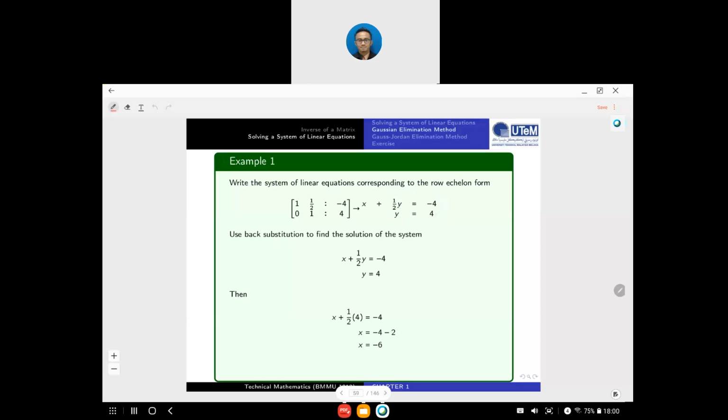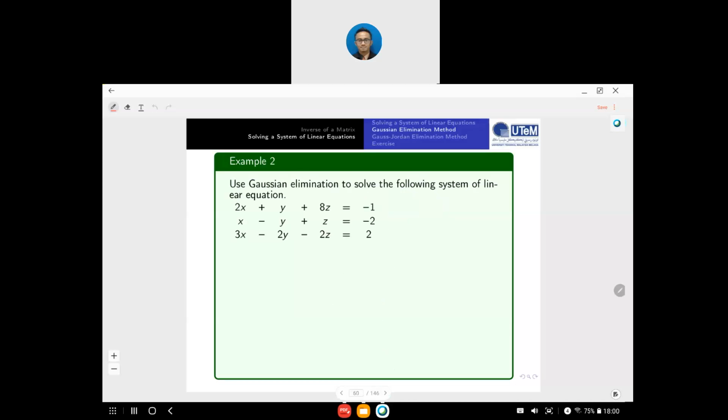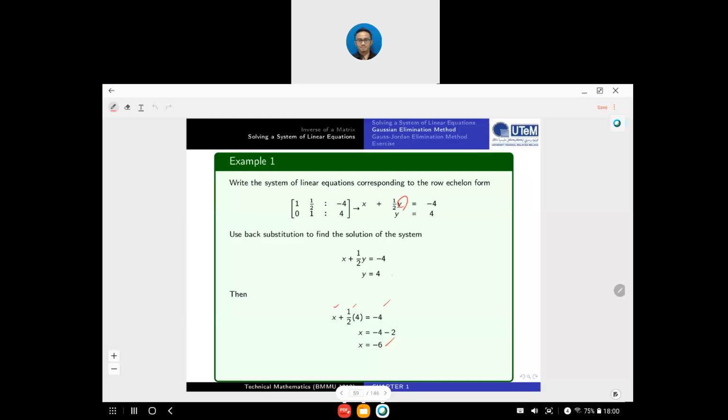You substitute y into this equation, you get x plus 1/2 times 4 equals -4, then x equals -6. So your final answer is y equals 4 and x equals -6. That one is for example 1.